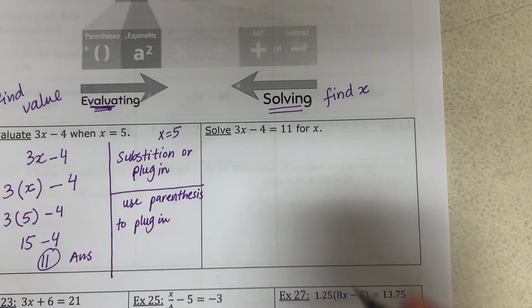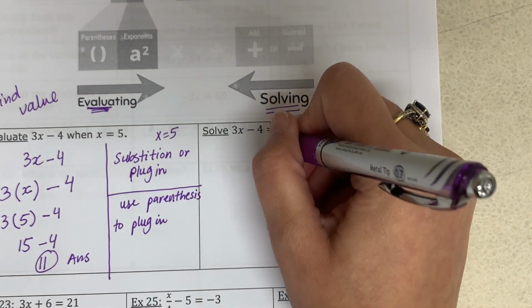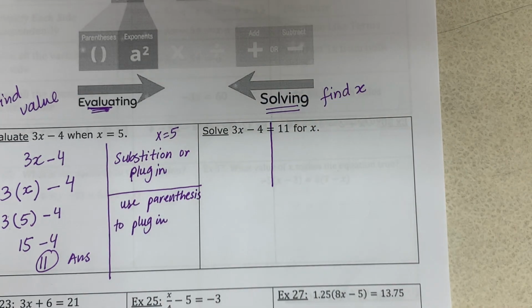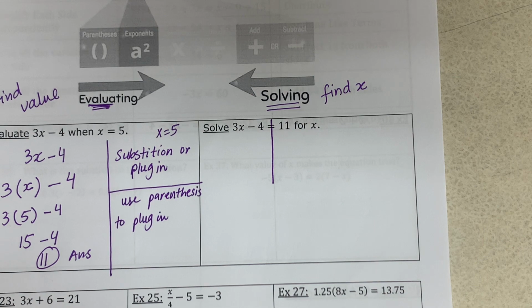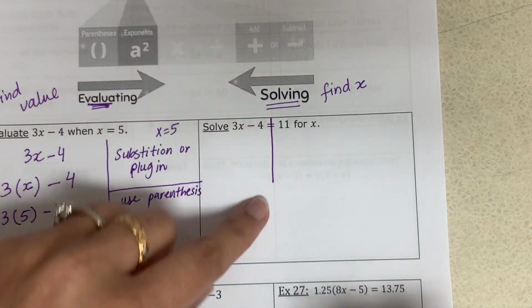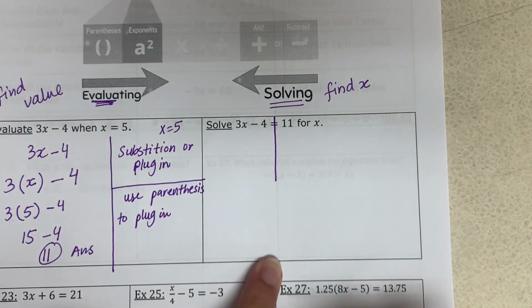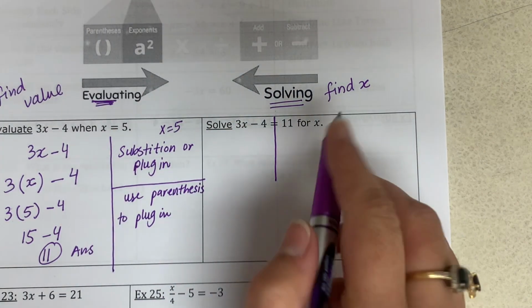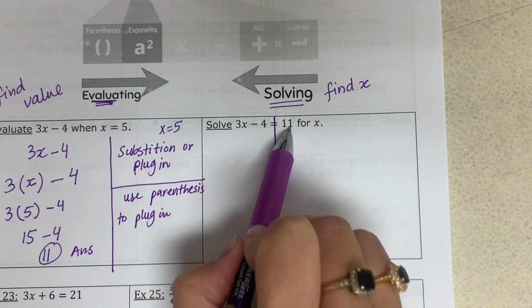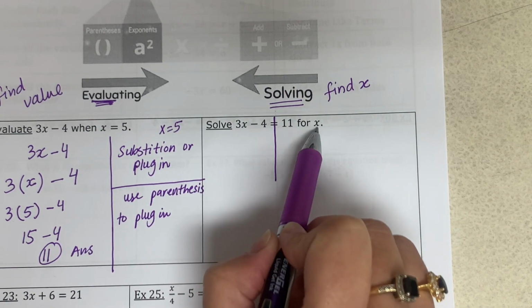In solving, I have to find the value of x. So first thing, make the T or the train track, draw the line on the equal sign, and don't draw all the way over here, just make a smaller one first. I have 3x minus 4 equals 11. Solve for x.